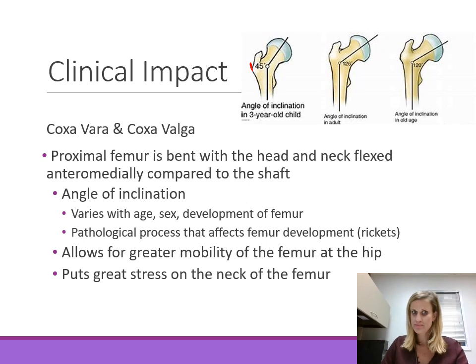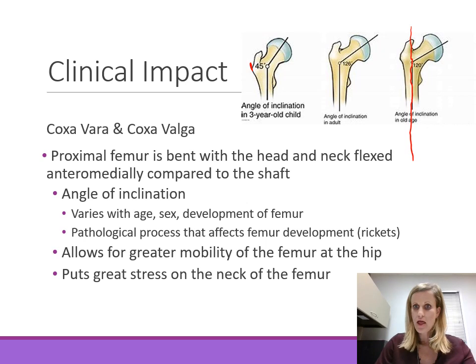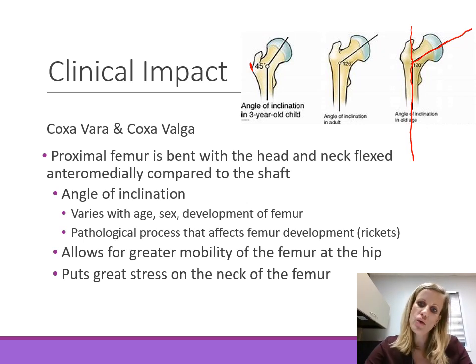145 degrees. So looking at the femur, you have the long shaft of the femur, which comes in along the vertical axis. And then if you draw another line that goes through the neck and head of the femur like this, and then look at the angle between the two, that's the angle of inclination.